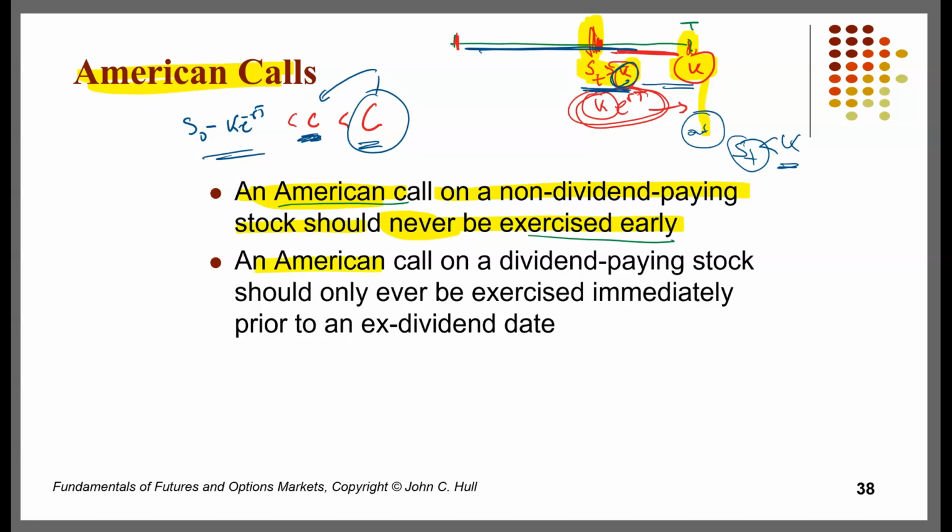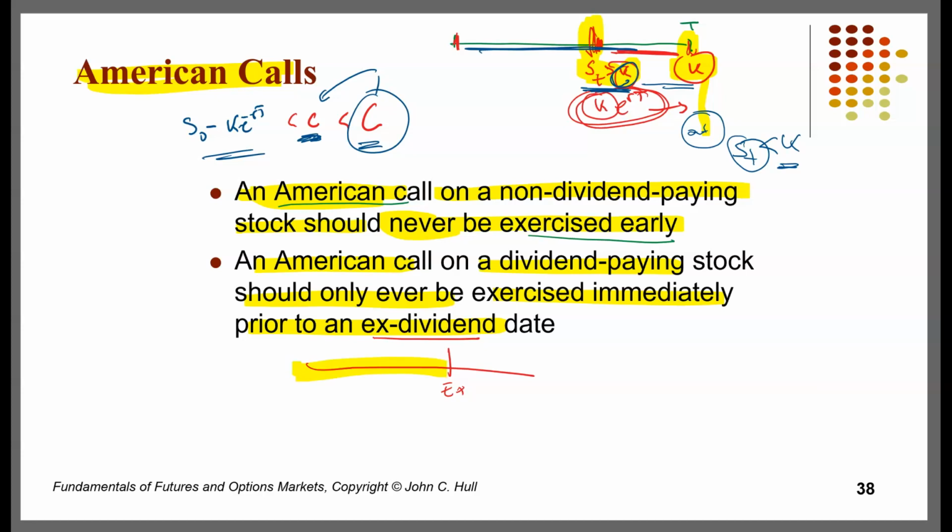What else do we have here? An American call on a dividend paying stock should only ever be exercised immediately prior to the ex-dividend date. The ex-dividend date, if you remember, is the date at which the company determines who gets paid the dividend, right? So if you hold the stock before the ex-dividend date, you get the dividend.